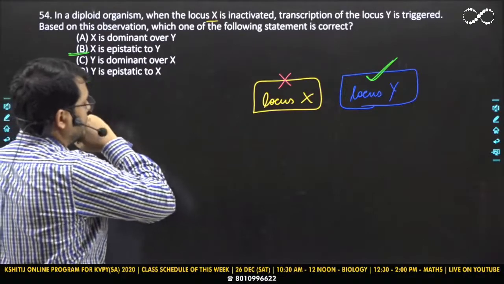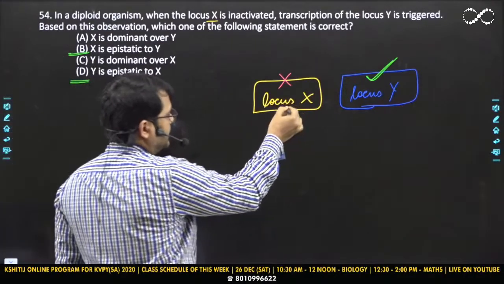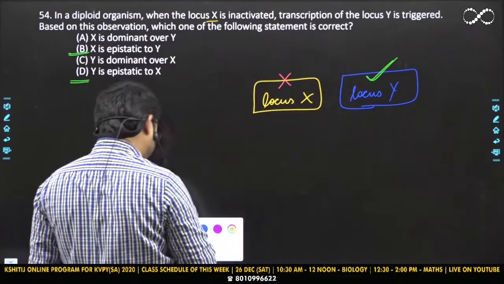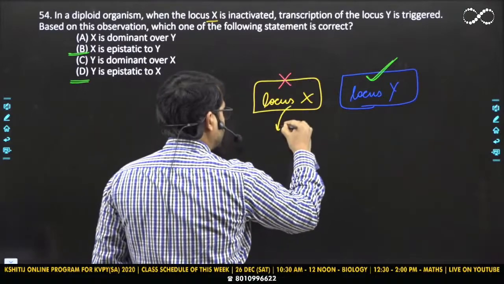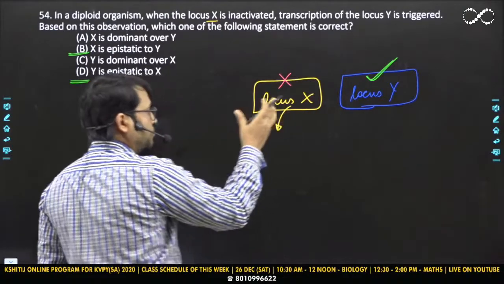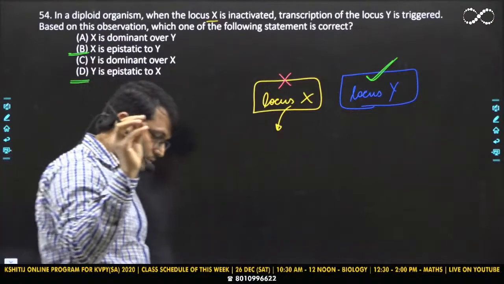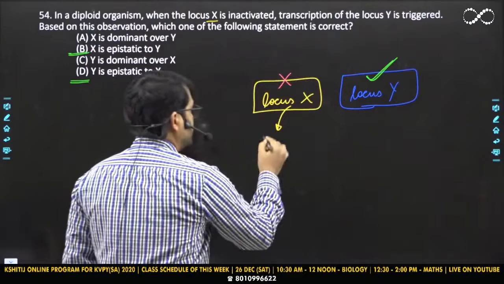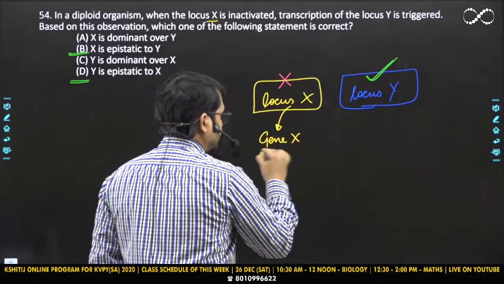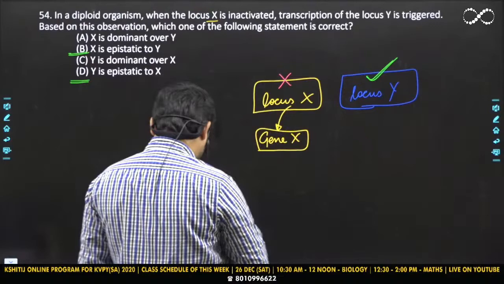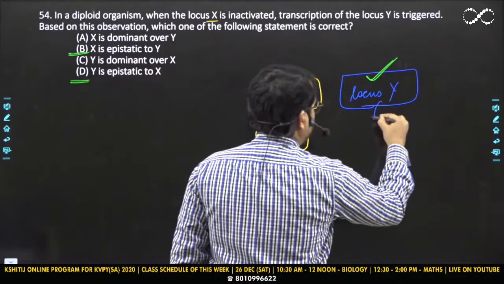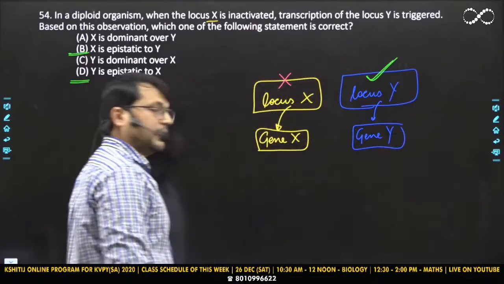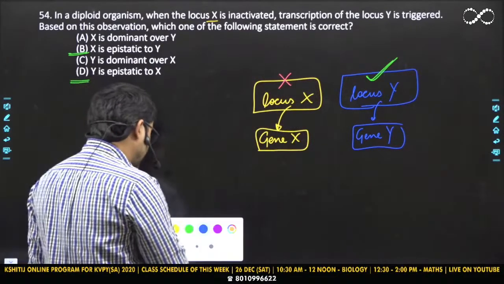how it goes. This says that when locus X is inactivated, locus Y is triggered. It means that whichever gene is present at locus X, it is a matter of genetics, right? Locus X is a location on a chromosome, and on this location there will be a gene, say gene X. Similarly, at locus Y there is gene Y. Now suppose that gene X is inactivated.